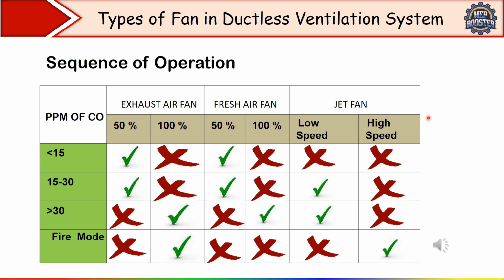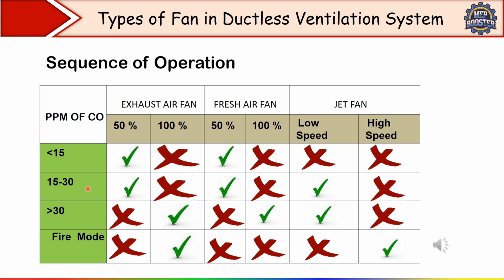But in that case, we don't need to run the jet fan. The fresh air fan and exhaust air fan can cover that amount of air from the basement. But if your carbon monoxide level in the basement is between 15 to 30 ppm, then the fresh air fan is running at 50% speed, and the exhaust air fan is also running at 50% speed.